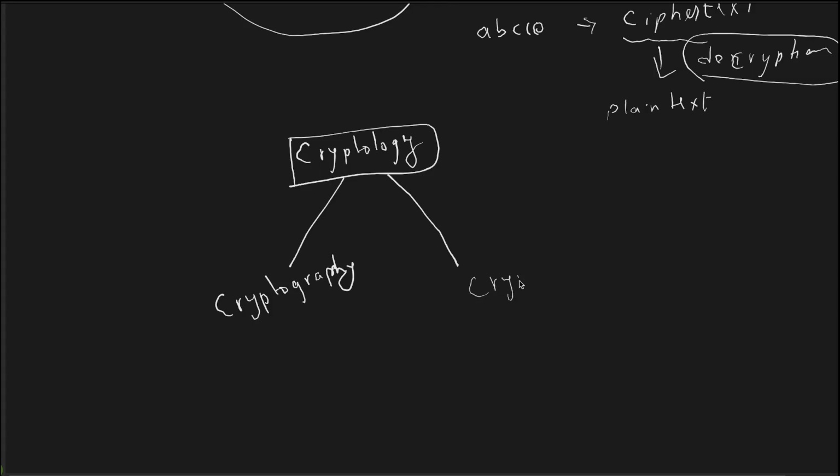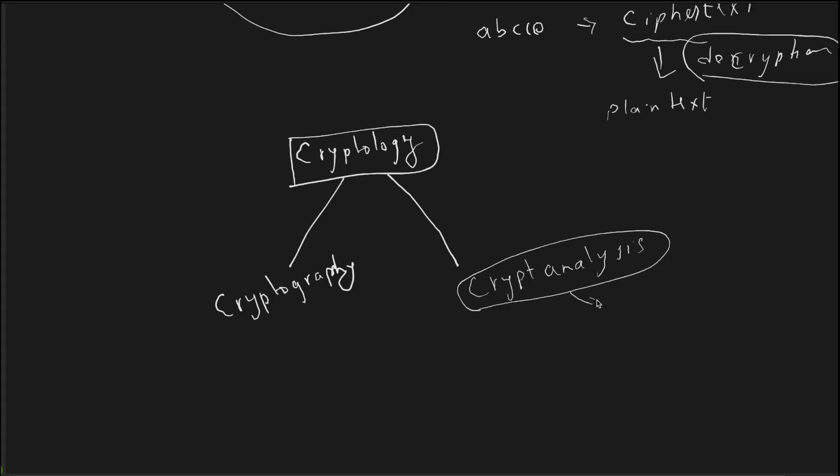Cryptanalysis, as the name suggests, deals with analyzing different cryptographic algorithms. Now we'll learn about different cryptographic algorithms later on, and this field of study analyzes different algorithms and looks at how good they are, tries to find the holes in them, tries to break them.